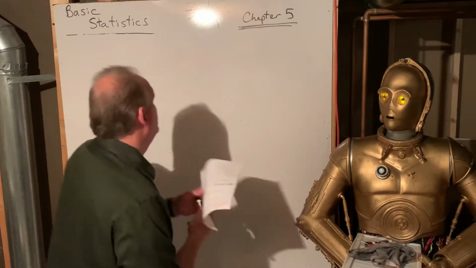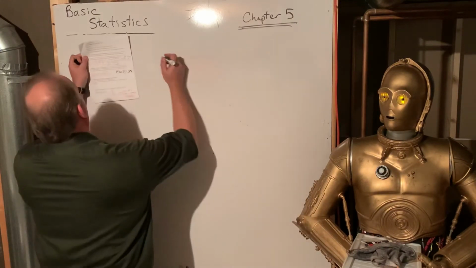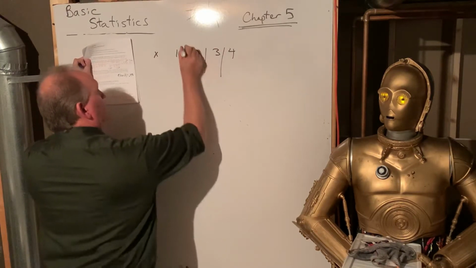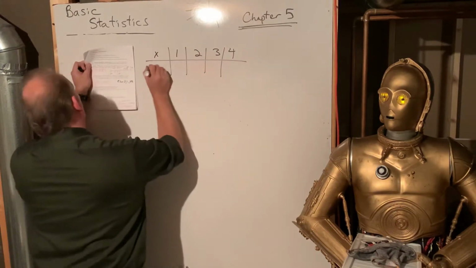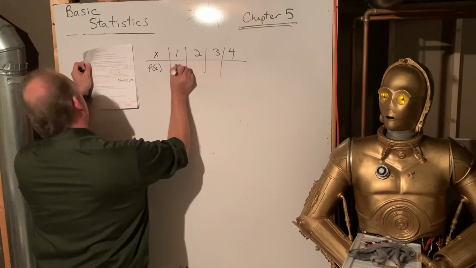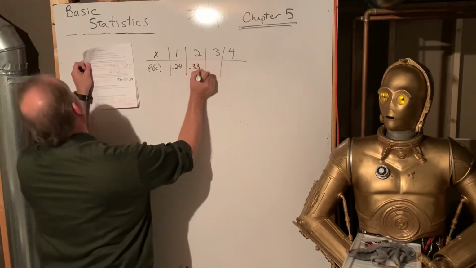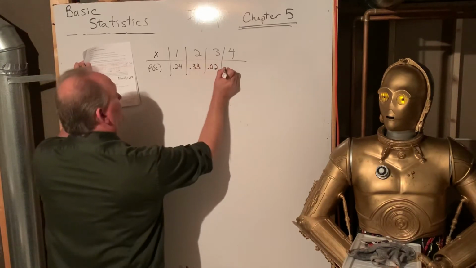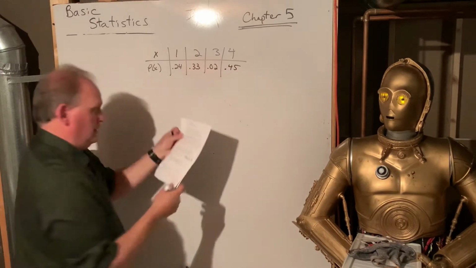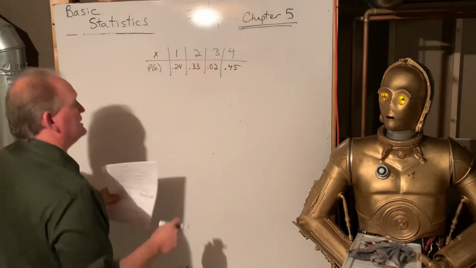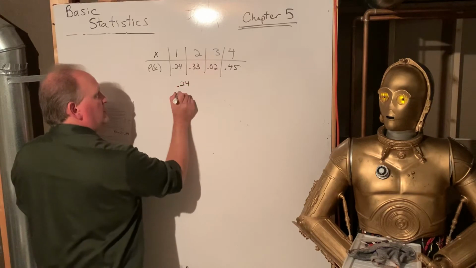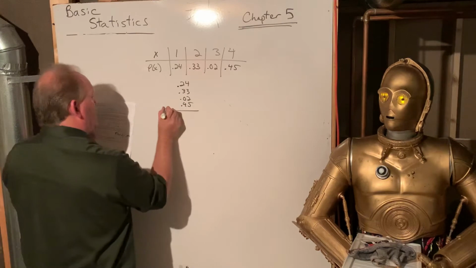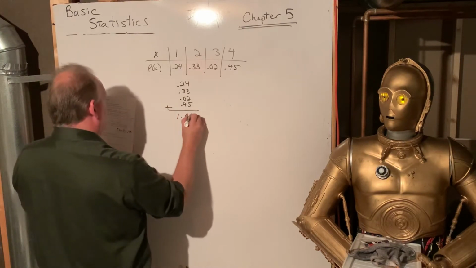All right. So that is 1, 2, 3, and 4. And 0.24, 0.33, 0.02, and 0.45. So if we add all of those together, 0.24, 0.33, 0.02, and 0.45, that adds up to be 1.04.